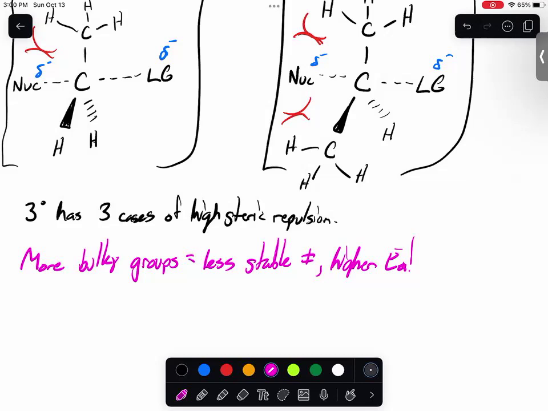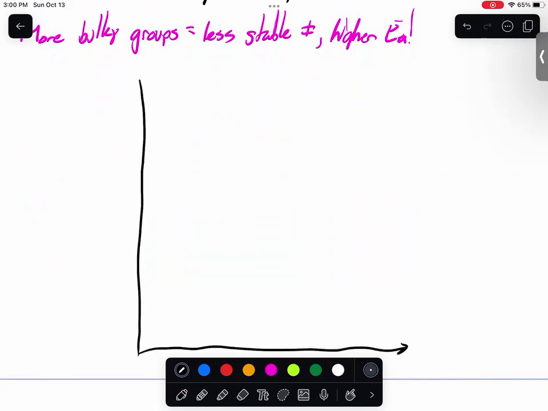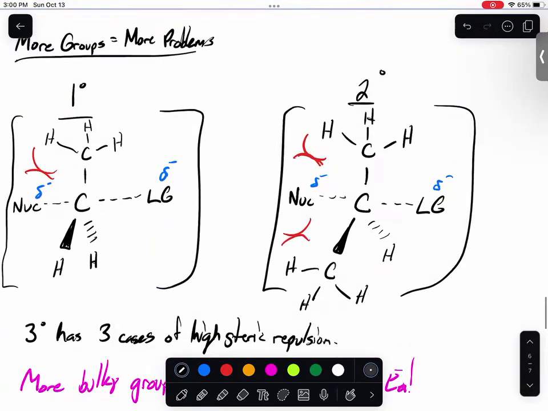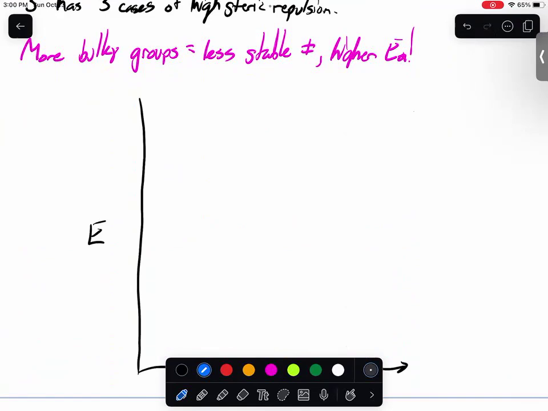Now, what does this look like in terms of an energy diagram? Well, we can actually demonstrate this using a couple different colors when talking about our reaction progress. Because here's the thing. For these, let's assume that the nucleophile and the leaving group are always the same. If that's the case, essentially what we'll do is we'll give each of these a color.